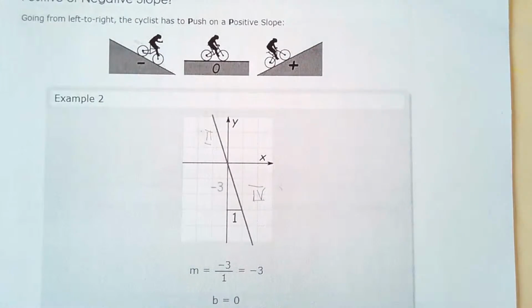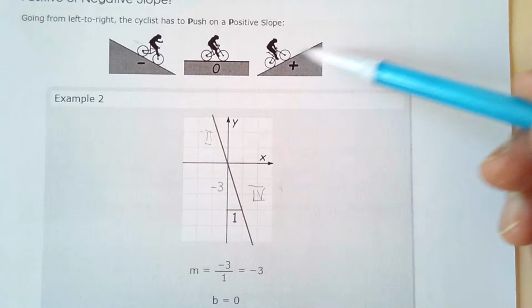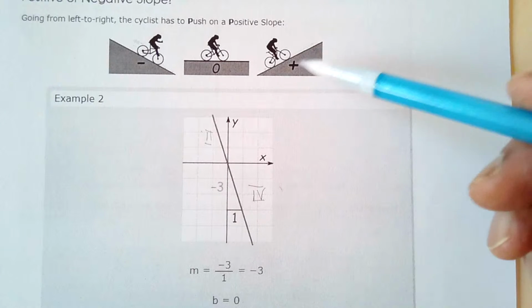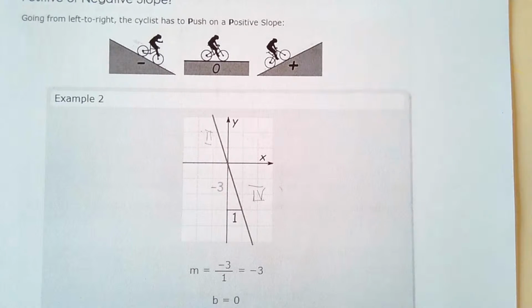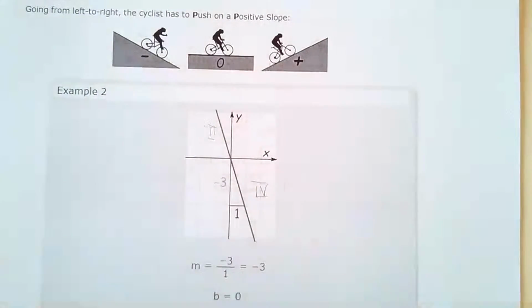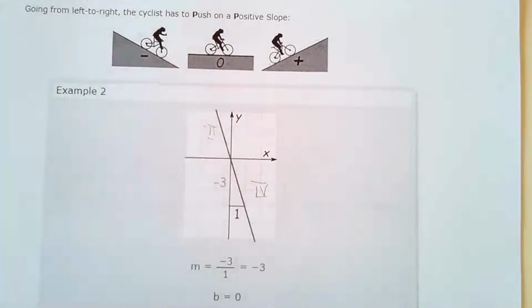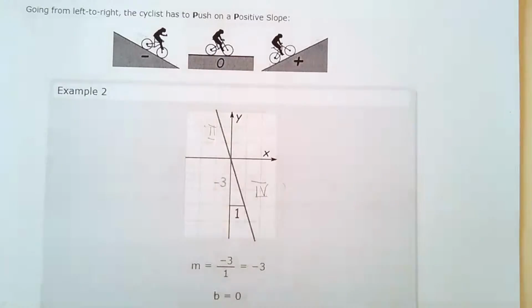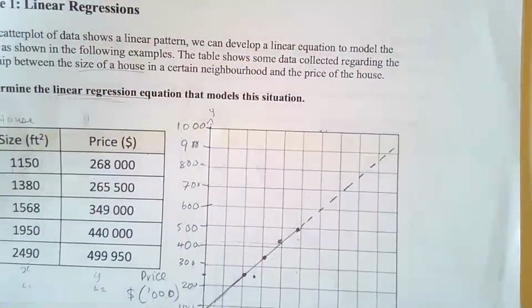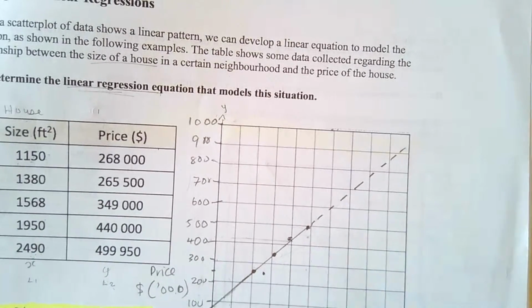If you're going across, like Winnipeg, which is pretty flat, the slope is 0. But if you're going uphill, like up a mountain, the slope is positive. So far, most of the slopes we looked at were positive. There was only one negative one we looked at already. If you look back at our practice examples on linear regression, the one with houses and the price by the size of houses, it's a positive slope. It's going up.